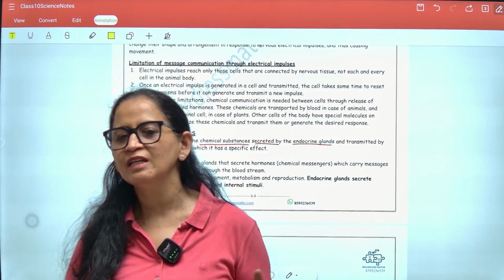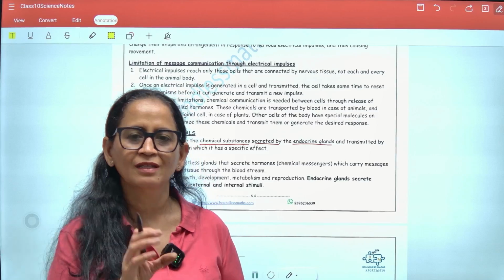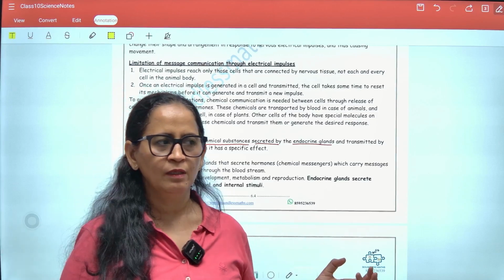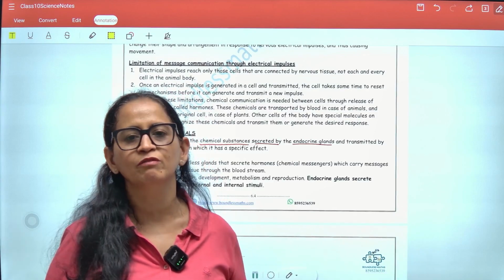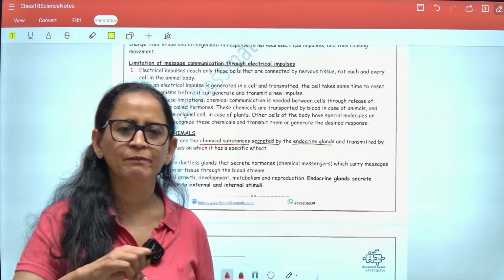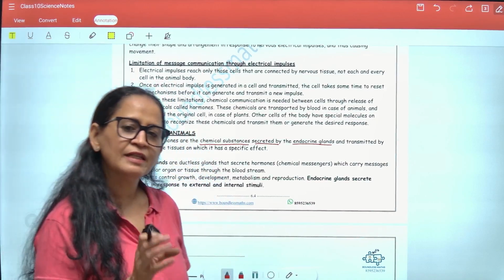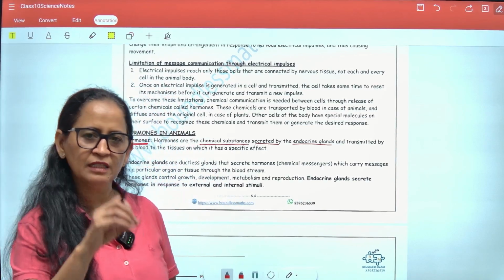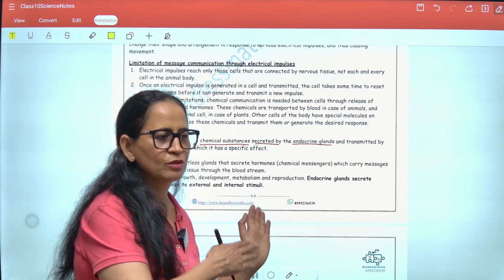So exocrine glands, they secrete and release their secretions in ducts. For example, in the nutrition part of life process chapter, we read about liver also. It releases that bile juice into the gallbladder. So that is an exocrine gland. It is secreting something and that is getting collected in a duct. But what are endocrine glands?